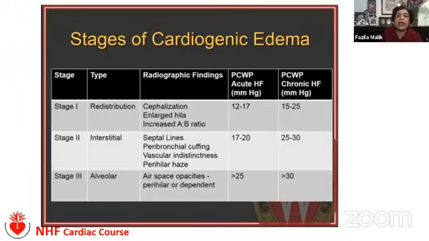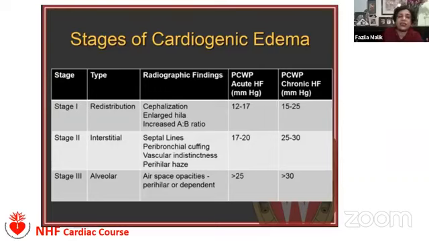What do we see? We see cephalization, we see enlarged hilar blood vessels, and we see an increased arterial to bronchi ratio. In stage 2, with increase in the pulmonary capillary wedge pressure, which has become now 17 to 20 millimeters of mercury, there will be interstitial edema. And interstitial edema is evidenced by Kerley's lines, by peribronchial cuffing, by the hilar shadows becoming larger and more indistinct, and forming a perihilar haze.